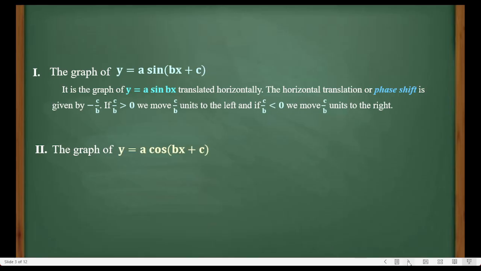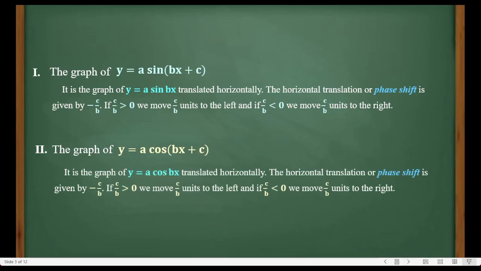Now what about the graph of the cosine function having this equation? Basically, it is similar to what was said about the graphs of the sine function. The graph of y equals a cosine of the quantity bx plus c is the graph of y equals a cosine bx, which is translated horizontally.